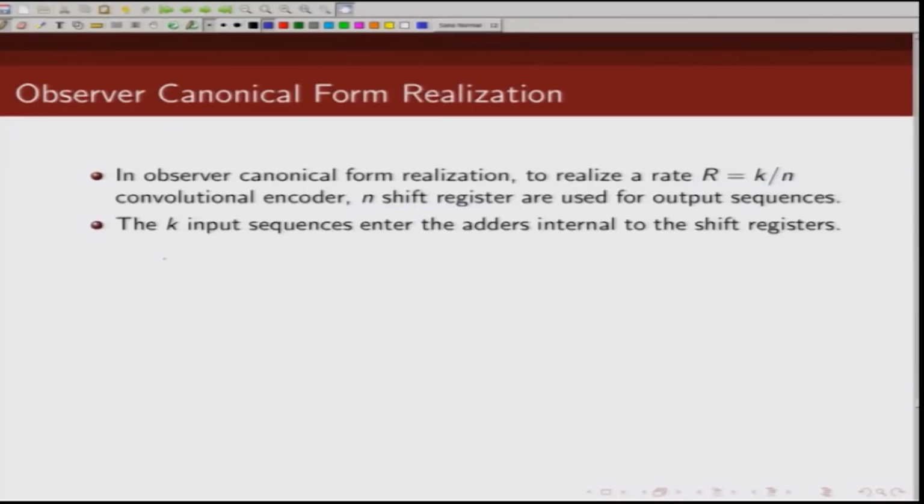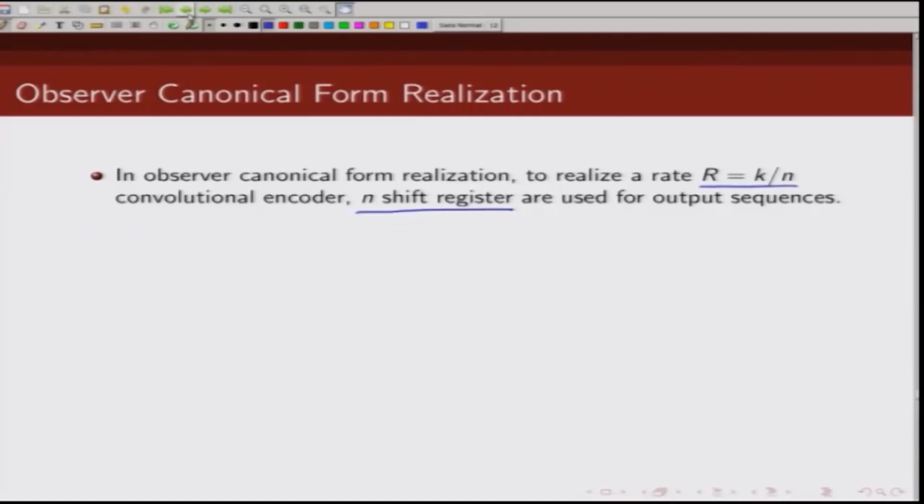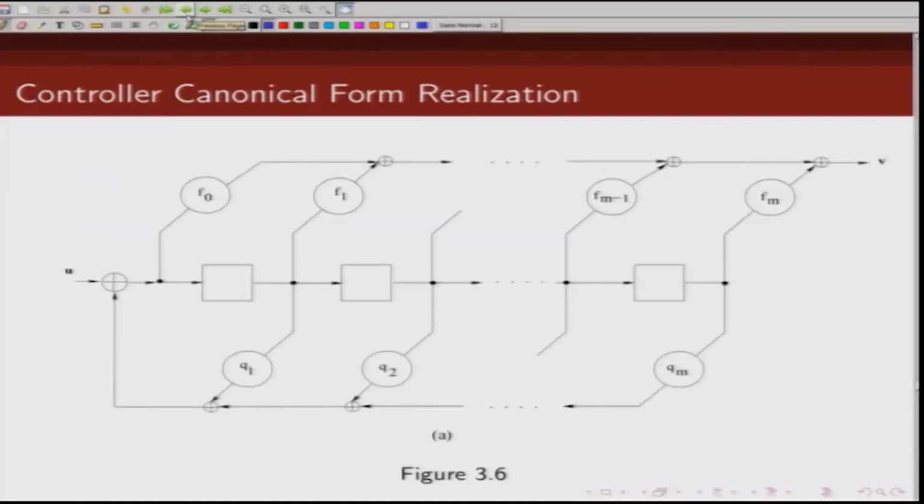The second difference is the k input sequences. In the observer canonical form realization, these k sequences enter into the shift register and these adders are internal to the shift register. If you recall, in case of a controller canonical form realization, the input is entering here, and at each time instance when your clock comes, they shift one location to the right, this will move to here, this will move to here.